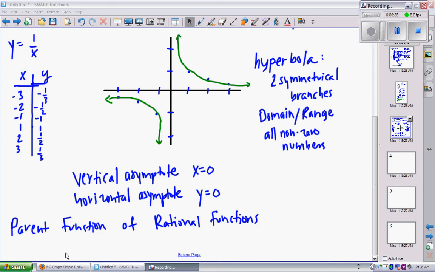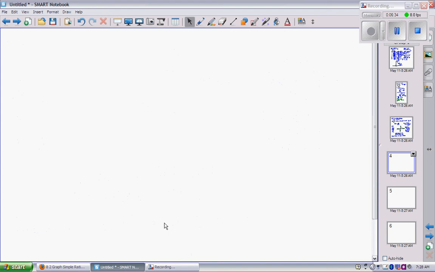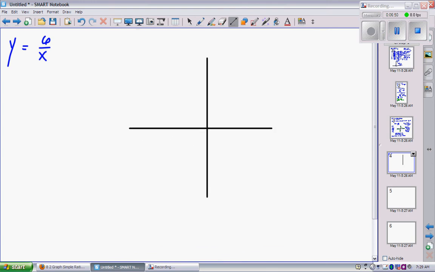We talked about the parent function of rational functions, which is just y equals 1 over x. Let's look at some examples of how we're going to graph these. Let's look at y equals 6 over x. Right away, one thing you can do is graph your asymptotes.